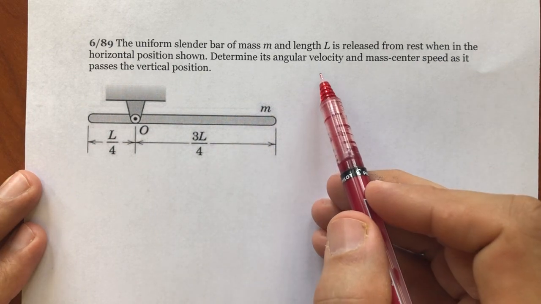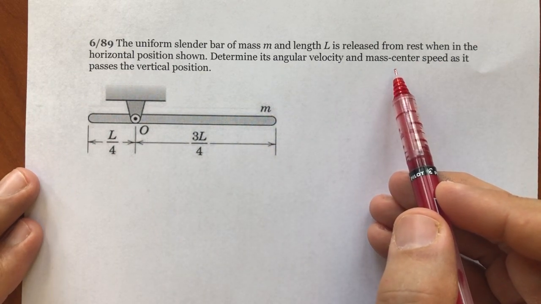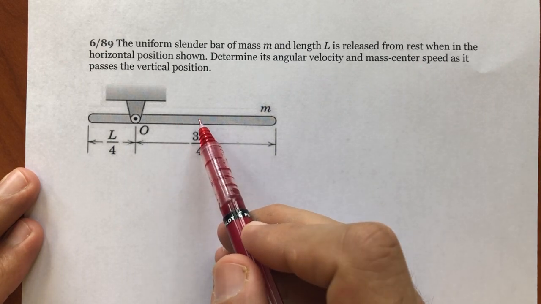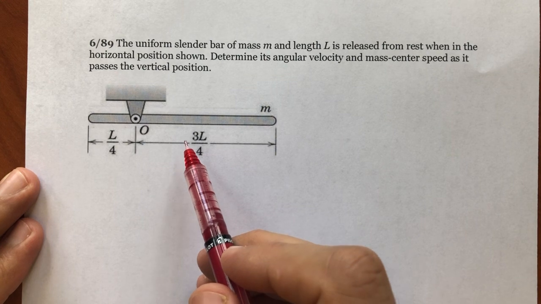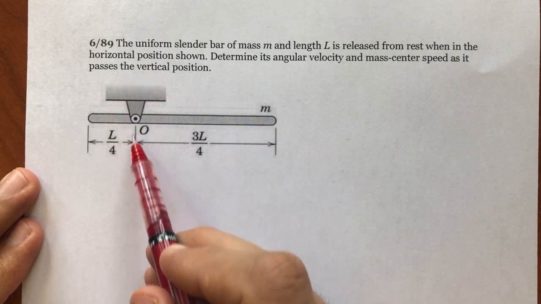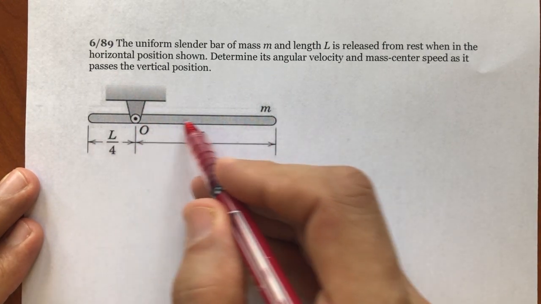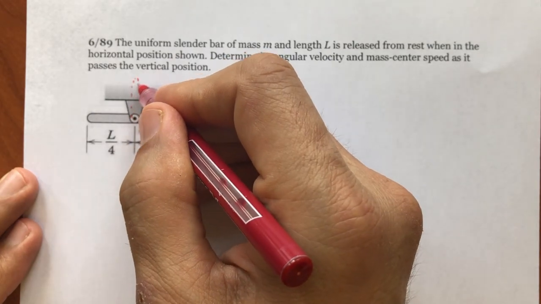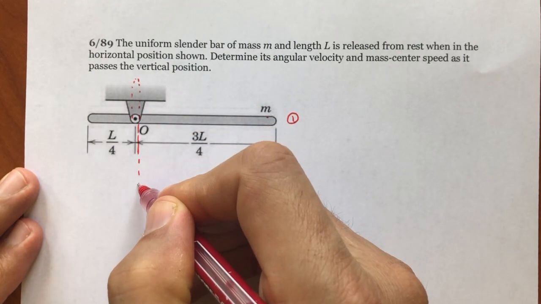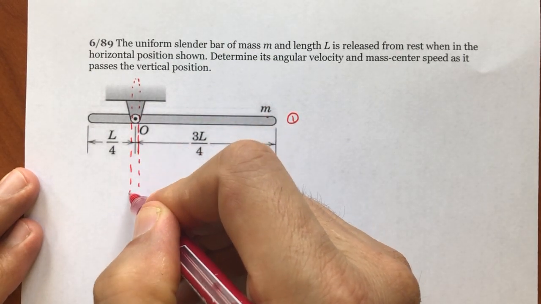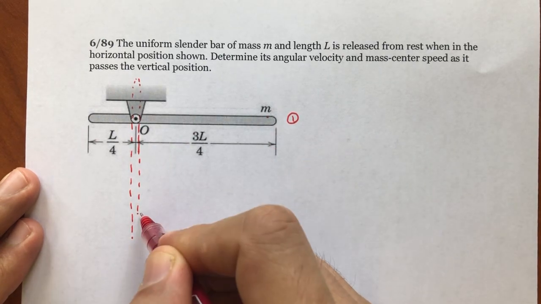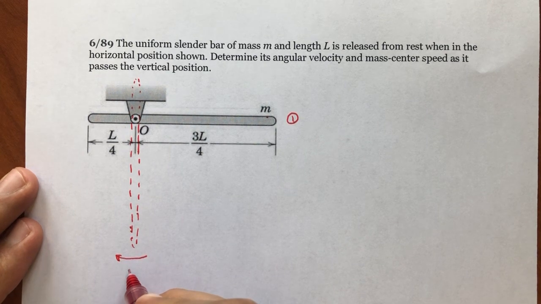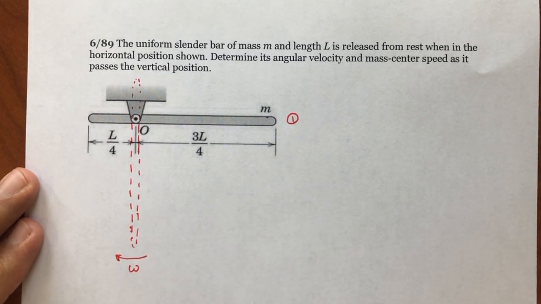The question is, what is the angular velocity and speed of the centroid of the bar when this bar becomes vertical? So the beginning position is this, let's call it 1, and the second condition is this. The question is, what is the angular velocity at this moment?